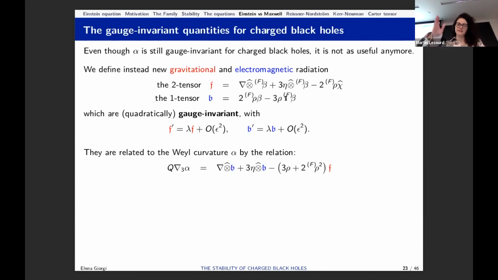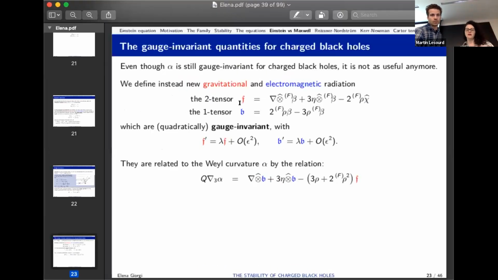They are given by some M over R cubed, and then some Q squared over R squared, and beta and beta F are 0. So these are linear quantities. The only thing is that the second term in F will be quadratic in the case of Reissner-Nordström, but here I wrote the general expressions in Kerr-Newman.